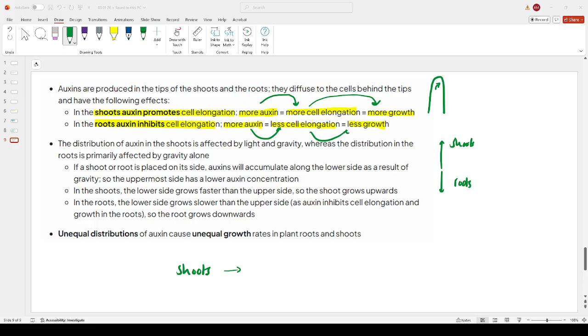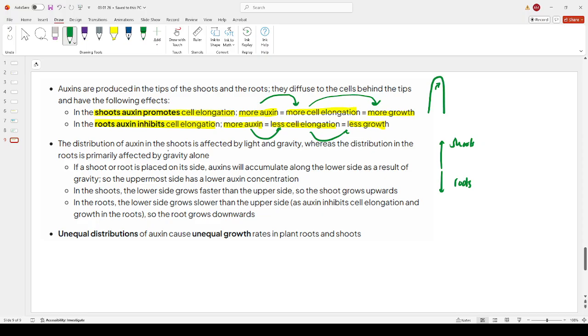Good. So positive response means more growth, and negative response literally means less growth. So auxins, depending on where they are, will have a different response, positive or negative. So you can pretty much predict what's going to happen for gravitotropism.